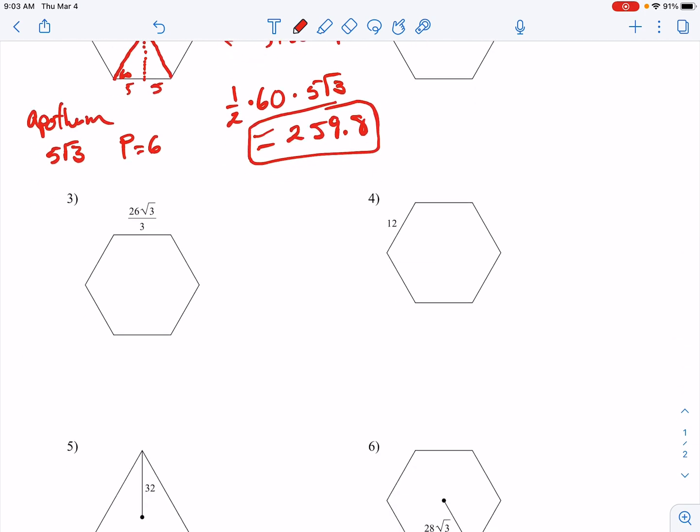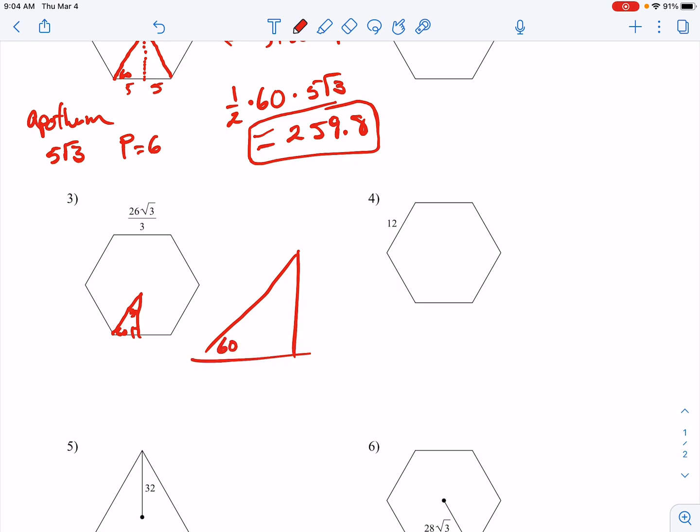Okay, so down below here on number 3, we have another hexagon. This time we have the side lengths. We know that we're going to have a 30, 60, 90 if I do the apothem. Same shape, so it's 30, 60, 90. And the radius on this, as we saw in the last one, is going to be the same as the side. So your hypotenuse is, maybe I should draw a bigger triangle.